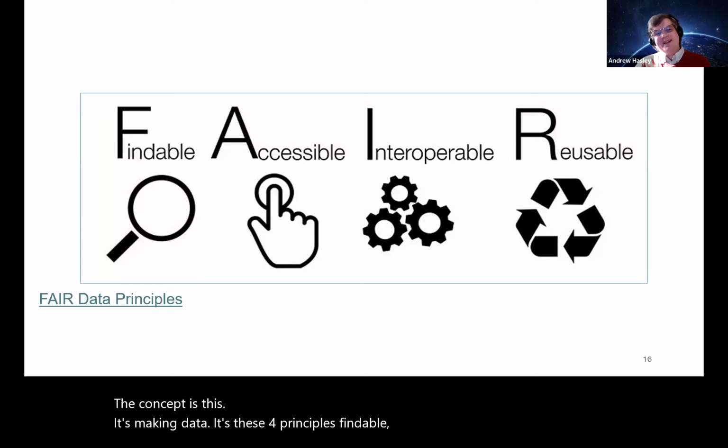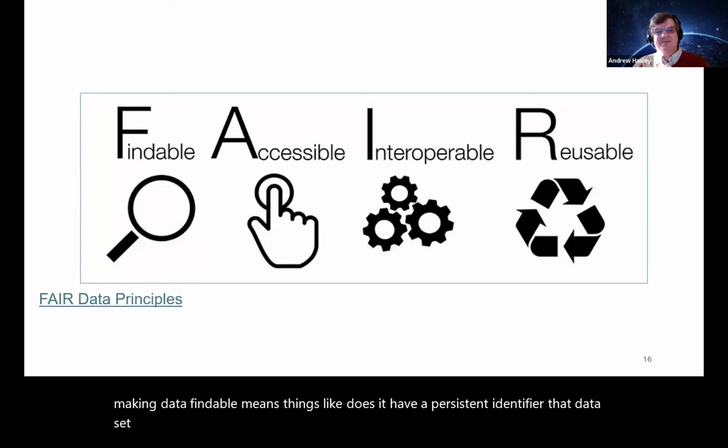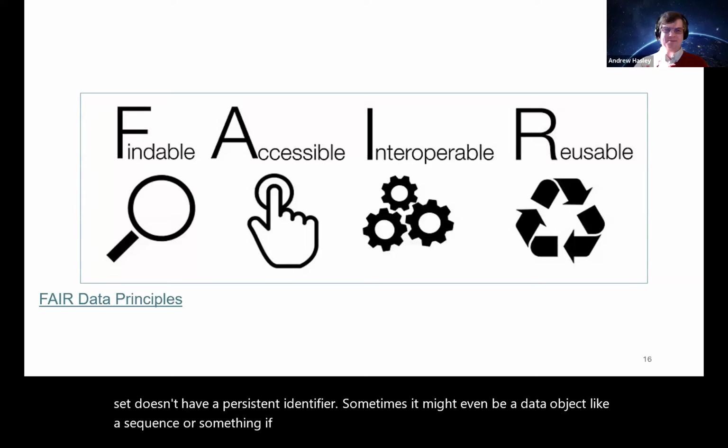So making data findable means things like, does that data set have a persistent identifier? Sometimes it might even be a data object like a sequence. If it goes in GenBank, it's getting a persistent identifier.